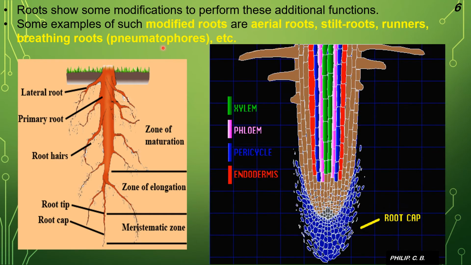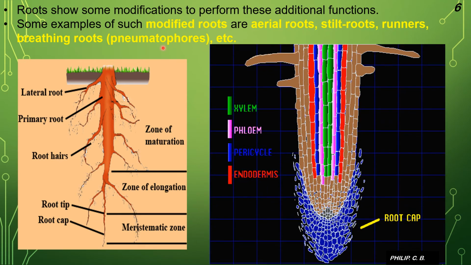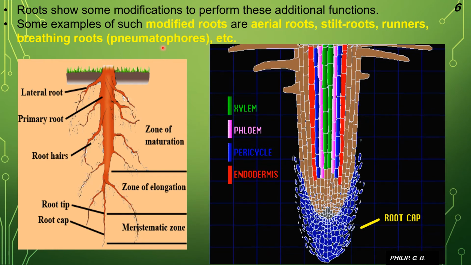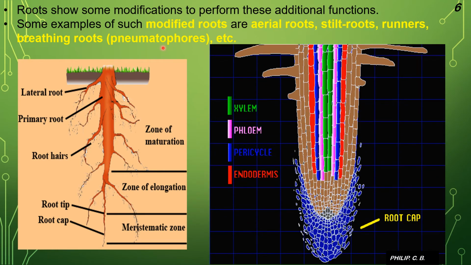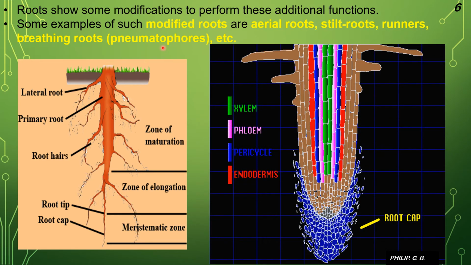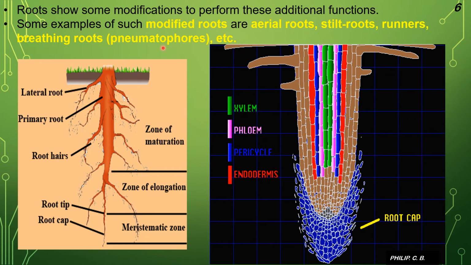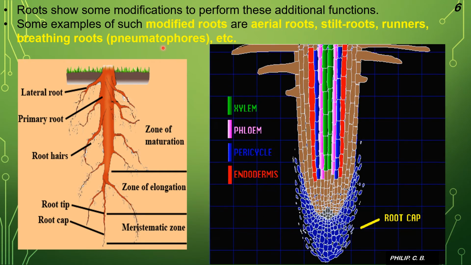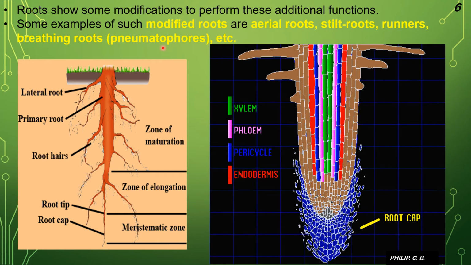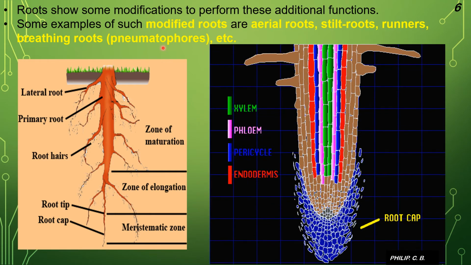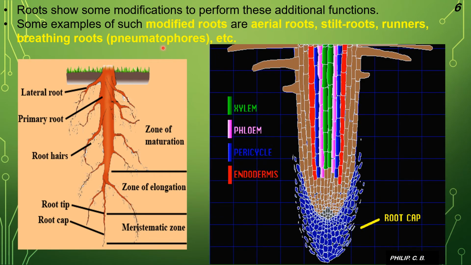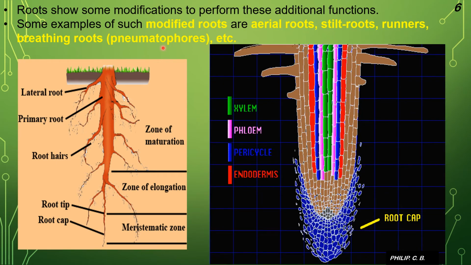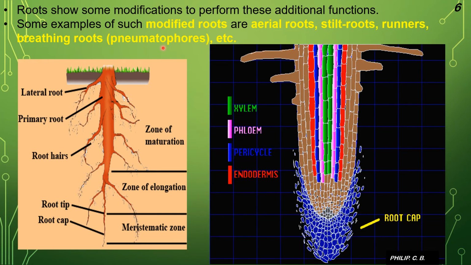For example, breathing roots may be present in more saline water, salty places or marshy places where the entire ground may be covered with water, or sluggish mud. In that case, the oxygen reaching the plants will be less. So instead of going downward, some roots come above the soil. That is why they are called pneumatophores or breathing roots.